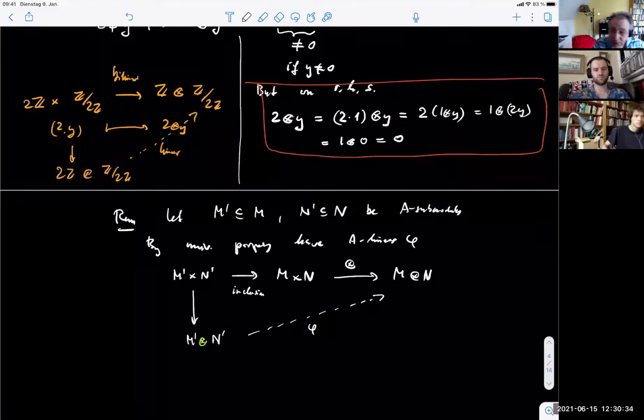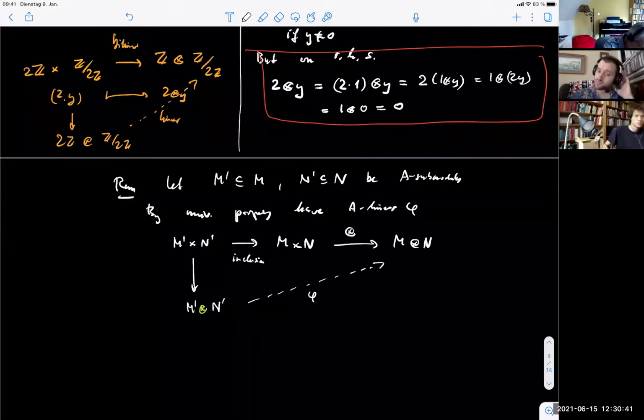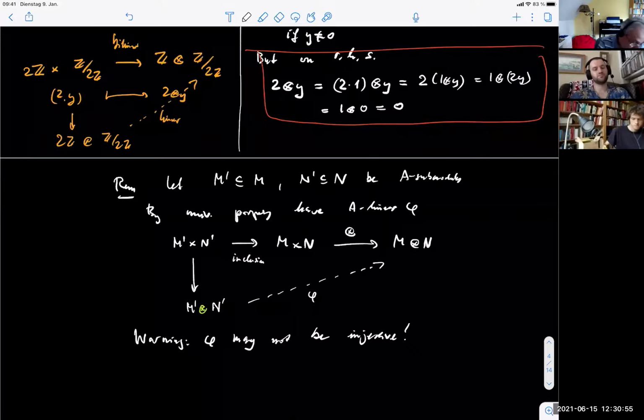So the point is what I want to say, this phi is not necessarily injective. So warning, phi may not be injective. In a way, what I would like to have is to see this as a submodule of this, but it's not always possible.